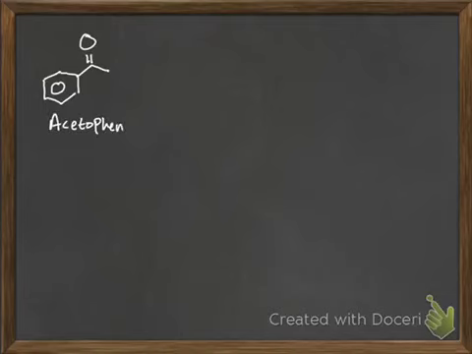So what I'm going to do for our examples here is start using acetophenone, for reasons that are going to become apparent in just a minute. Well, okay, just a minute being right now.